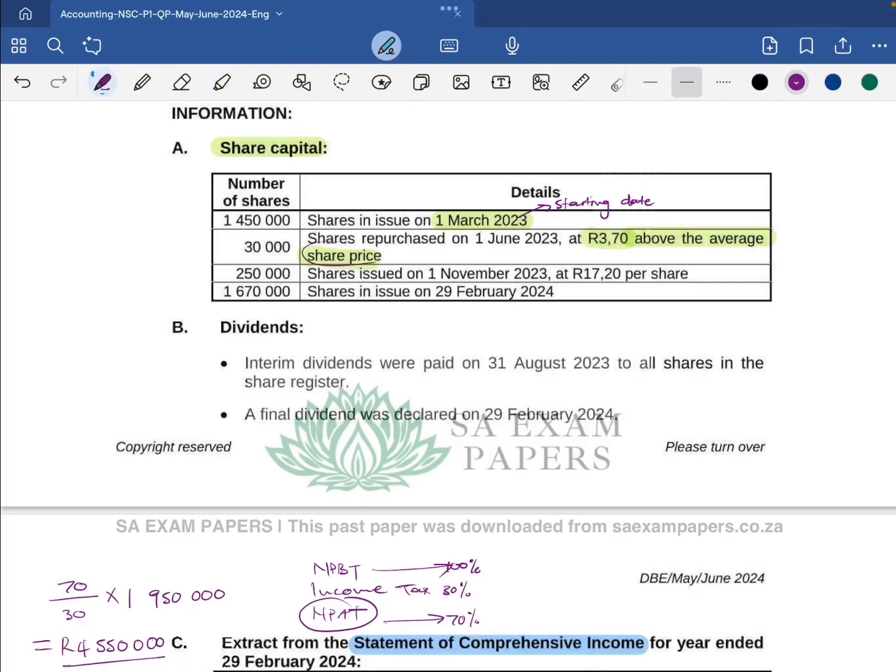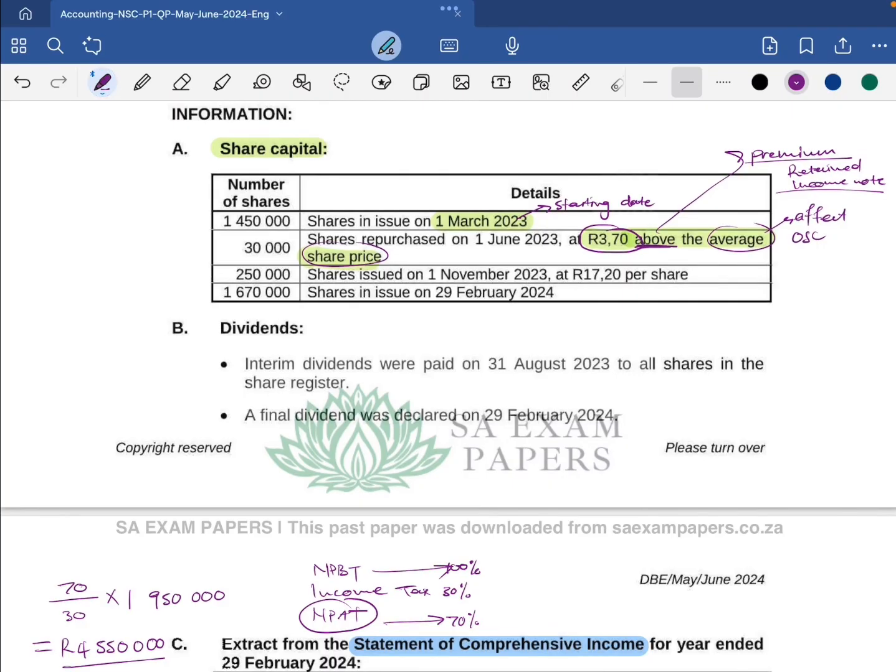Remember that the average share price is what's going to affect the ordinary share capital, but whatever is above the average share price is what we call the premium. And remember that the premium is going to affect our retained income note, right? So in this case, we do not necessarily have to calculate the premium because we have been given that it is 3 rand 70 cents.